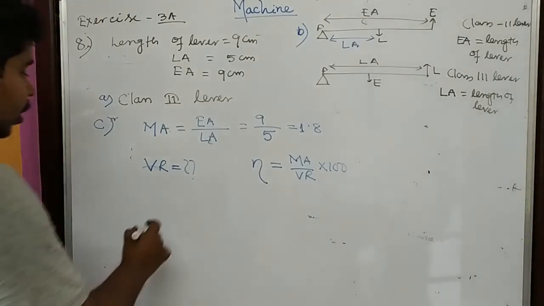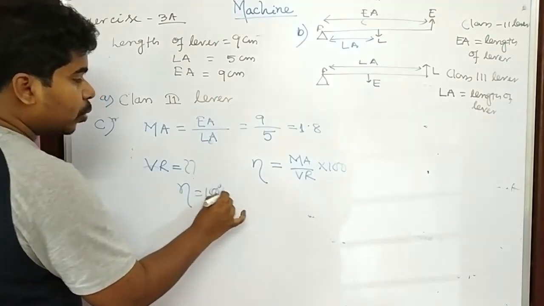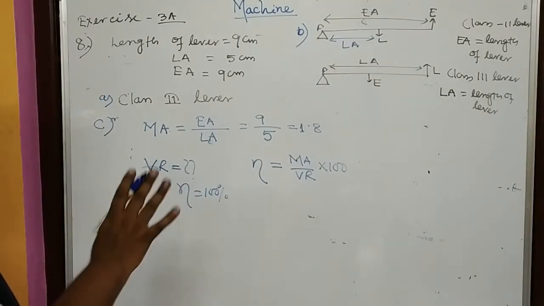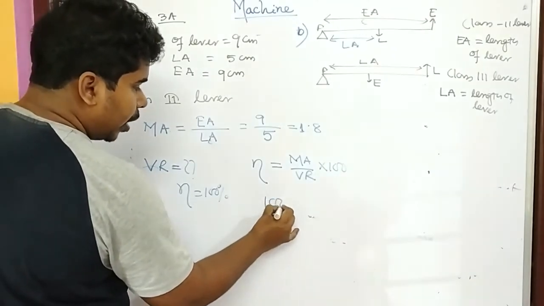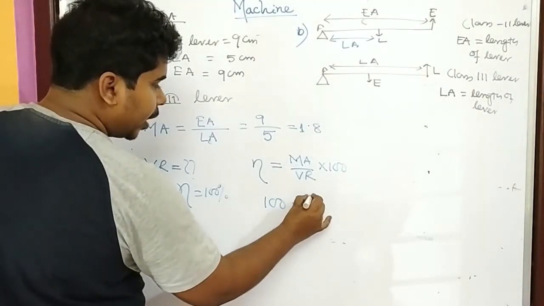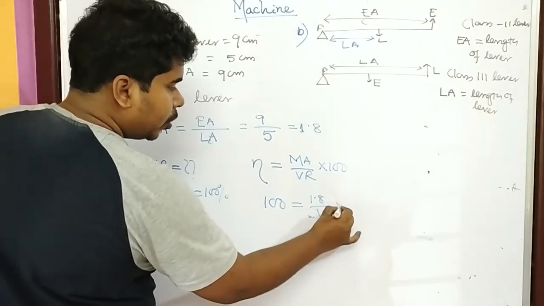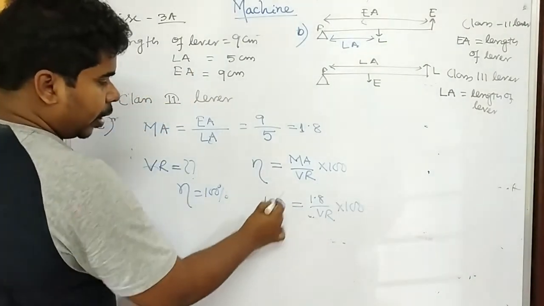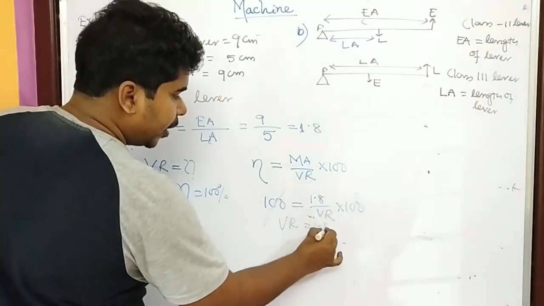Here it is told that efficiency eta equals 100%. So let's put the values. Eta equals 100 equals mechanical advantage 1.8 by VR into 100. So 100 cancels out, and VR equals 1.8.